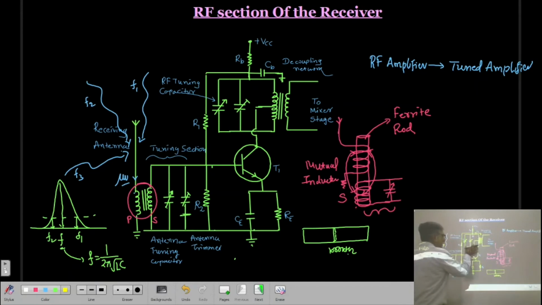Again, on the collector, the transformer is connected. This transformer is there. In the primary of the transformer, the variable capacitor is connected as well as the trimmer is also connected. Again, it is used for the tuning.